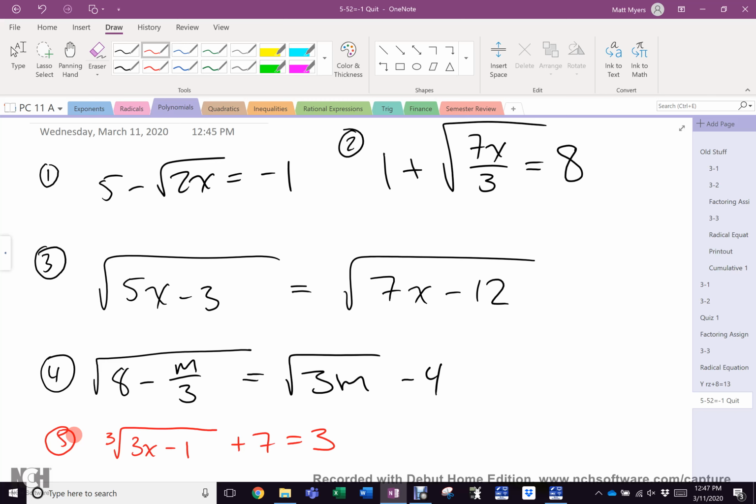Square both sides. 3x squared. Why are you squaring it? To get rid of this. So what's the answer on the left side? X. What's negative 9 squared? 81.